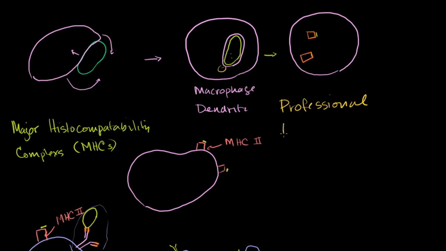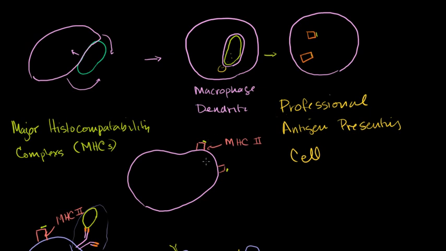But these are called professional antigen presenting cells. And the antigen in question is this little piece of the actual thing that you're trying to track, that little actual part of the pathogen. That's the antigen, so it's presenting the antigen.